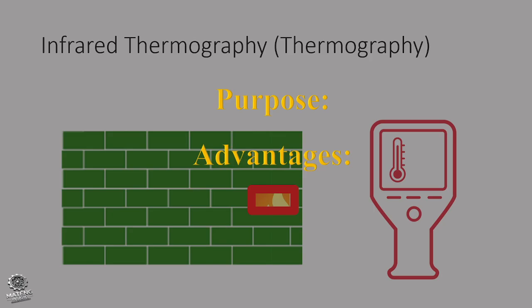It's also a non-contact method, fast and suitable for inspecting large areas and process line monitoring, but it has limited sensitivity for depth defects without advanced processing, and also strong dependency on surface emissivity.